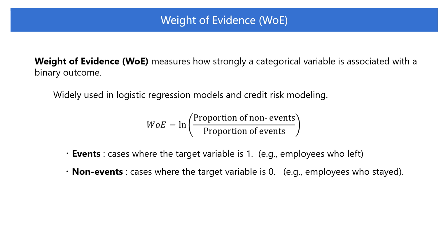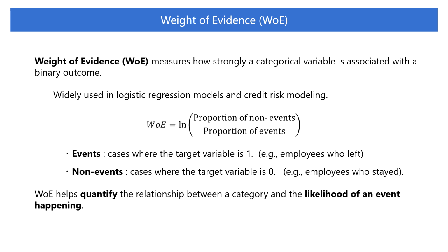In employee turnover prediction, 0 means employees who stayed. ln stands for the natural logarithm. It is the logarithm to the base e, that is 2.718. Weight of evidence helps quantify the relationship between a category and the likelihood of an event happening.